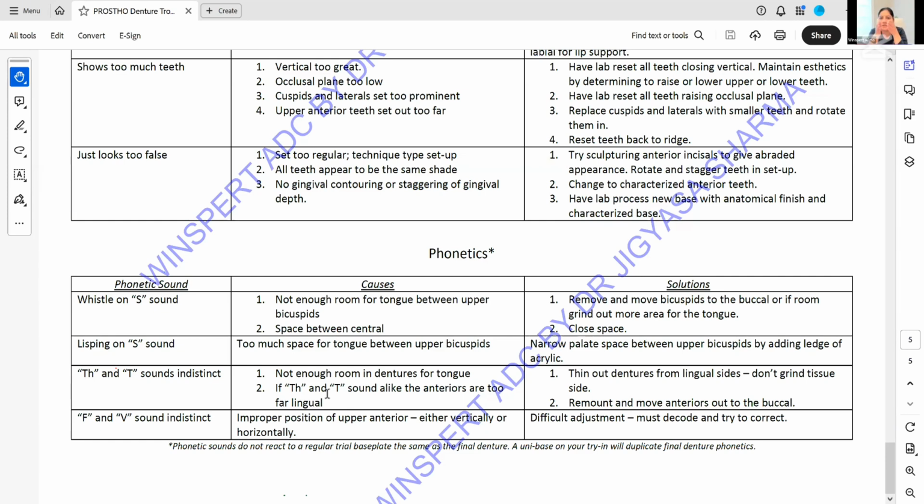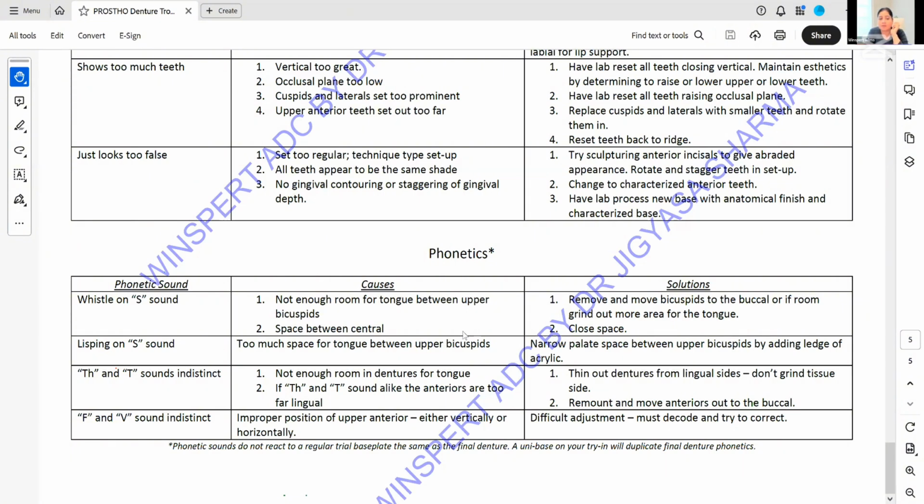So when the teeth are set too narrow in the canine area or the premolar area, it will lead to whistling. Solution: reduce the tooth surface from the lingual aspect in the premolar area and create room for the tongue, right? Remove or move the bicuspids more buccally or grind that area, but create room for the tongue.